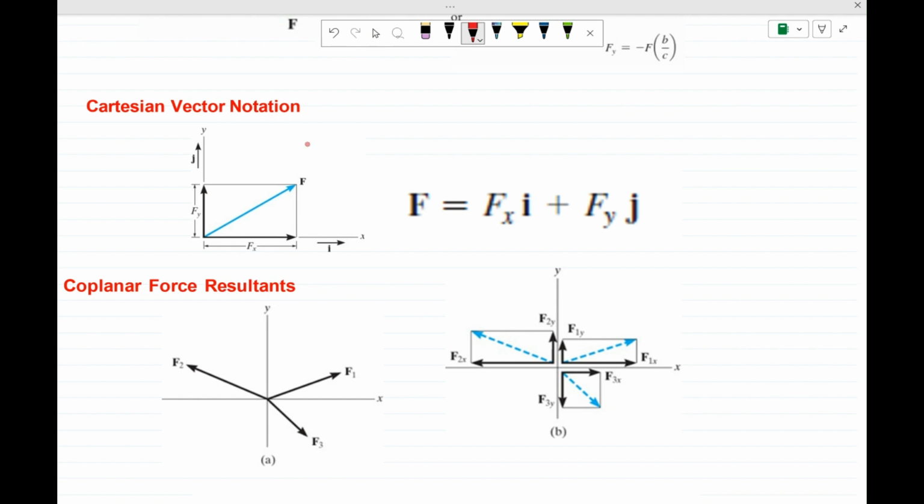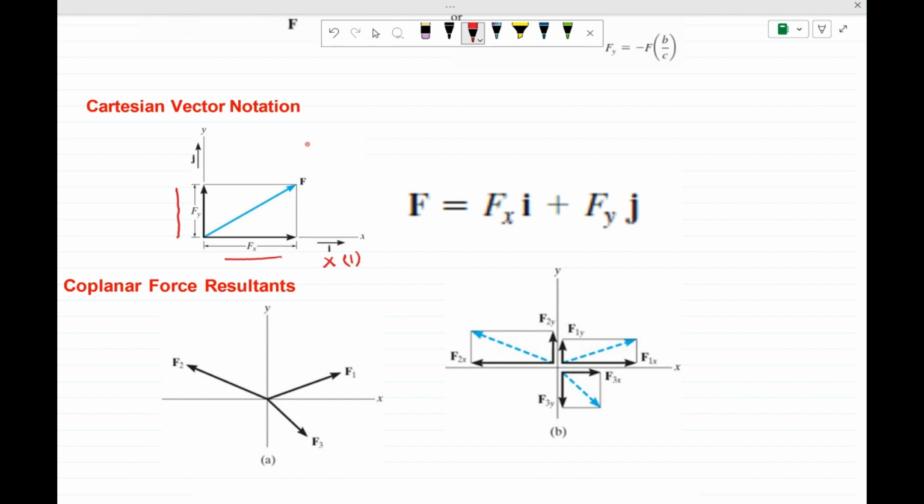Cartesian vector form, or the Cartesian vector notation. We take the components of the force. We have the force F. We take the components in the x direction and in the y direction, and we multiply them by a unit vector. The unit vector here is i, which is equal to 1. When we multiply anything by 1, it remains as it is. So in the x direction, we denote it by i.